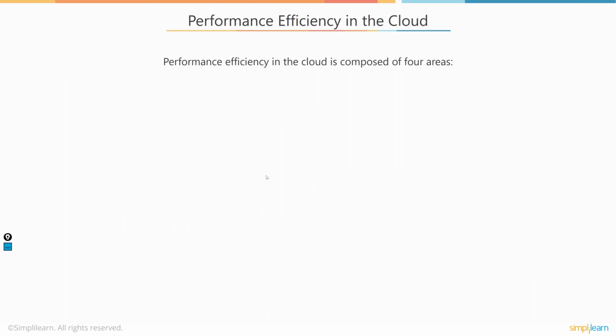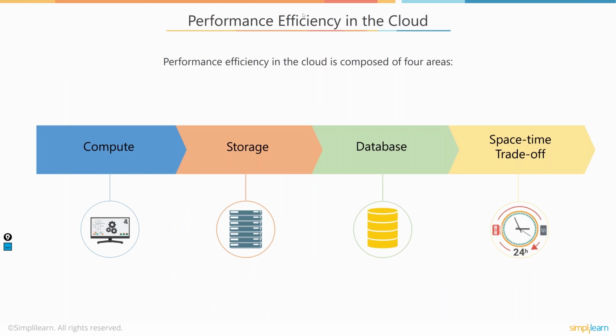So let's skip to the next slide in this case. Performance efficiency in the cloud. So, as we all know, AWS provides products such as NoSQL and databases that we actually discussed.